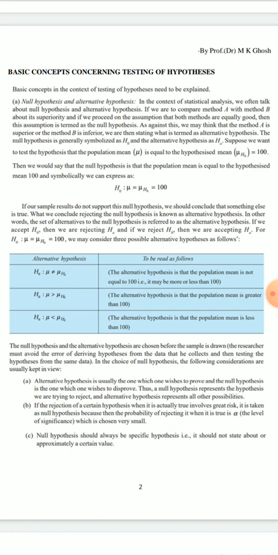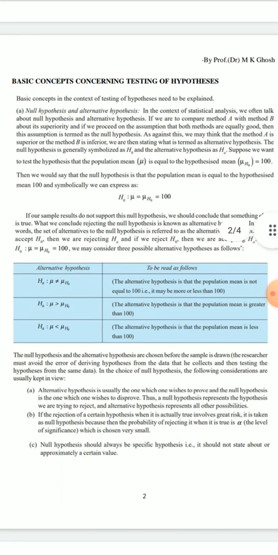For H0: mu = mu H0 = 100, we may consider three possible alternative hypotheses as follows.